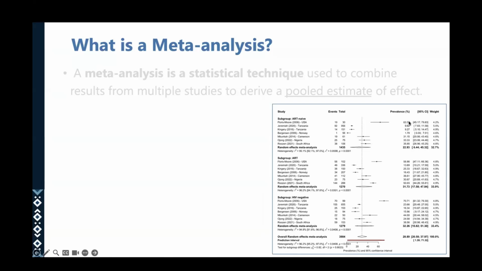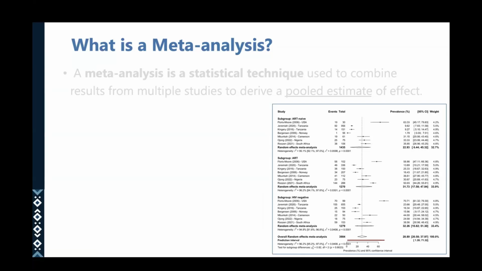For each study, you can see its prevalence value as reported in that study. And you can combine these prevalence values to have the pooled effect size or the pooled prevalence, which we have here as a summary. You can do that for different subgroups, and you can have an overall estimate. We are going to see this in more detail later.